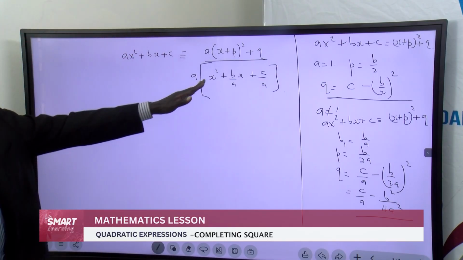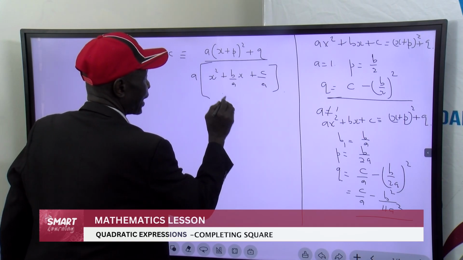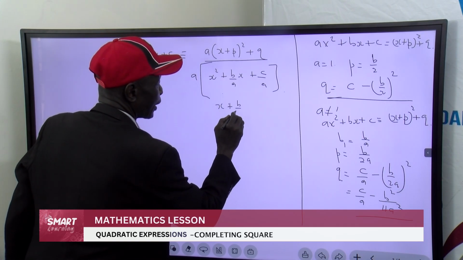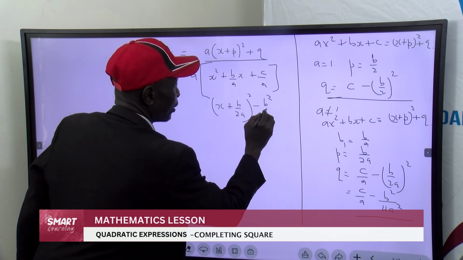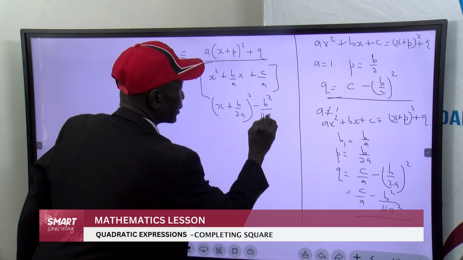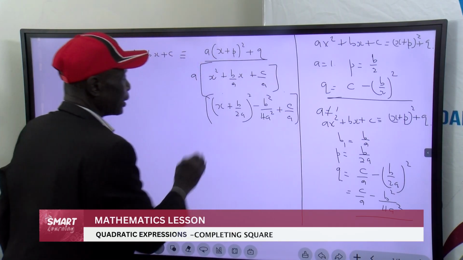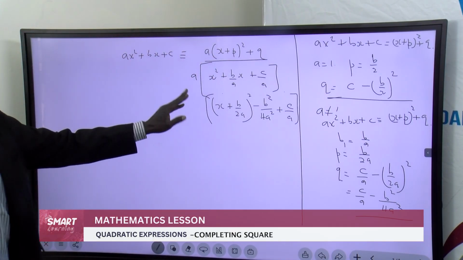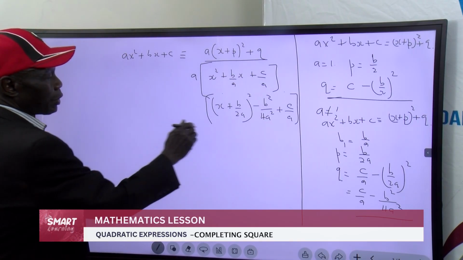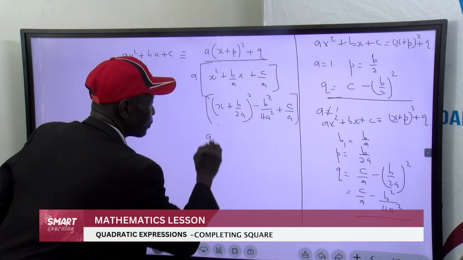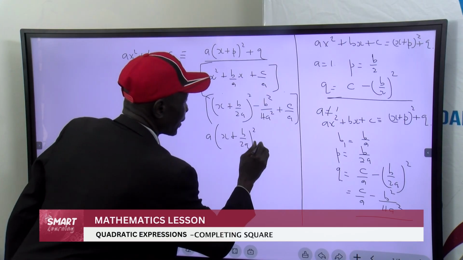Now, when I complete squares, I'm going to have x plus b over 2a squared minus b squared over 4a squared plus c over a. Now remember, our q does not have to be in the bracket. So we are going to have a in bracket x plus b over 2a squared minus.